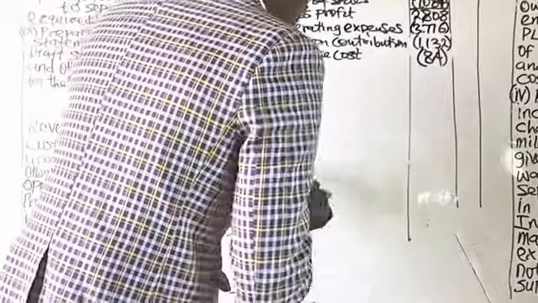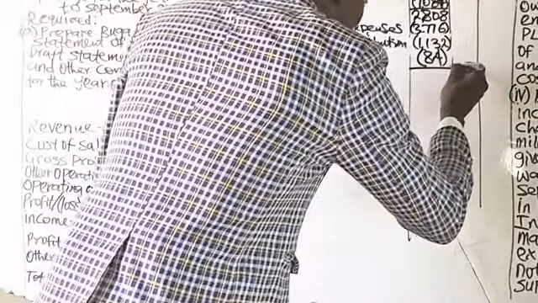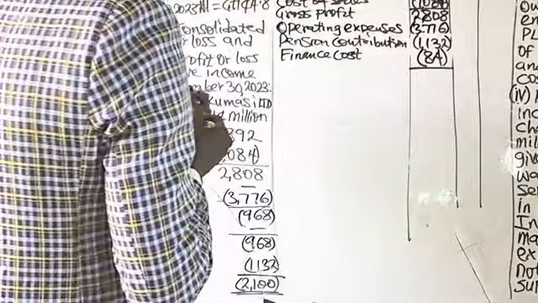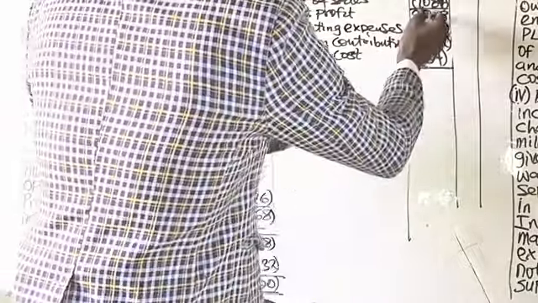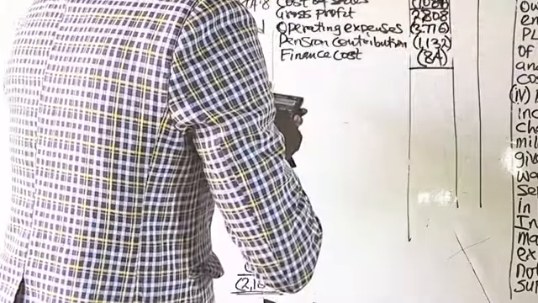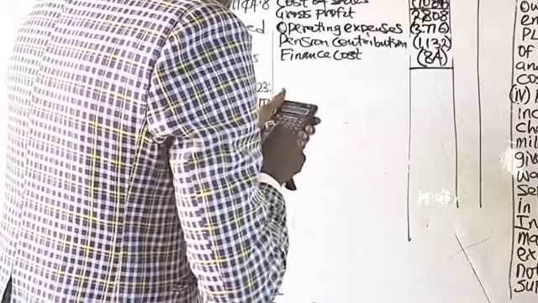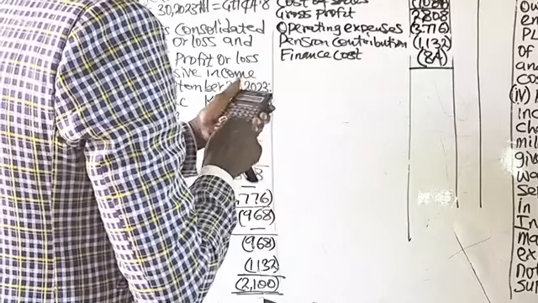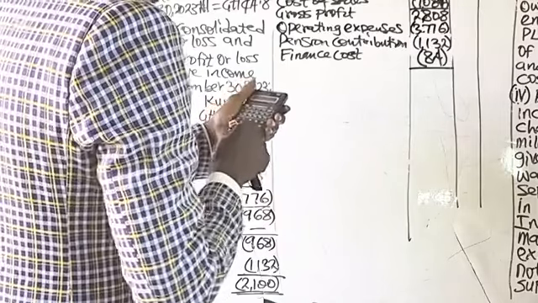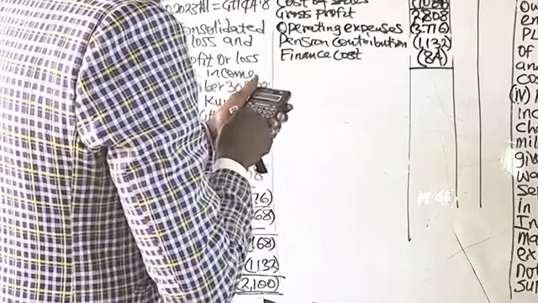Since there are no further adjustments, let's sum these up. 2808 minus 3776 minus 1132 minus 84.